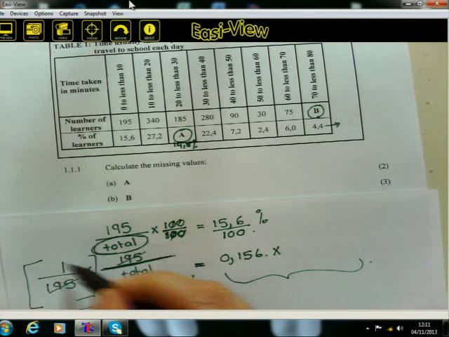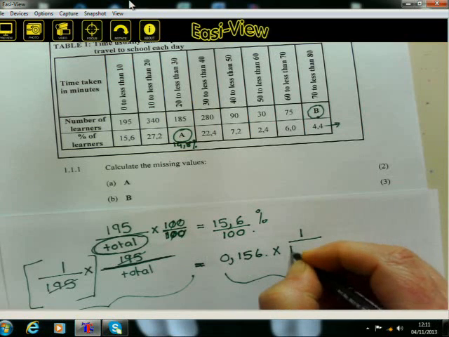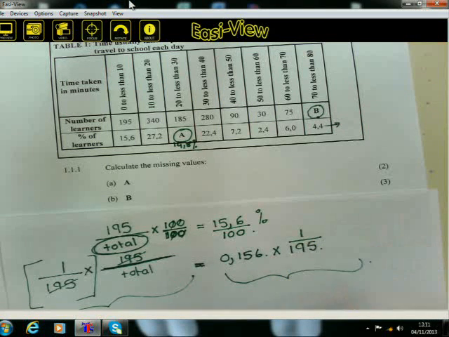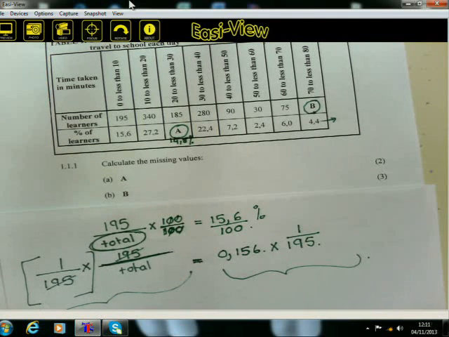So if I multiply here with 1 over 195, I must also multiply the other side by 1 over 195. Okay. But Grade 12, what is very important? Where is this total standing? This total is under the line.